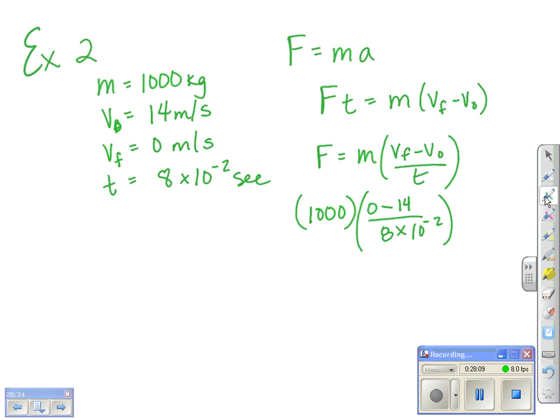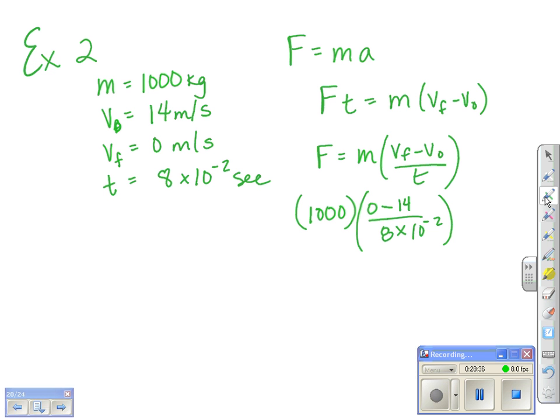Have your calculators in your hand. All right. So now we're going to say negative 14 divided by 8 EE negative 2 equals multiplied by 1,000 equals, and we should get, and I'm going to take my calculator out of scientific.